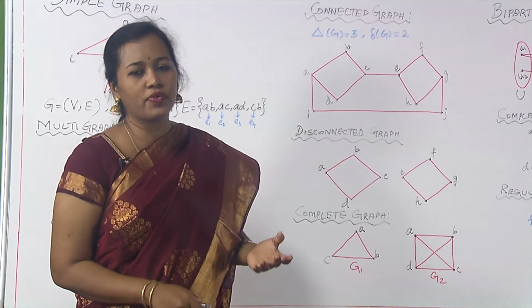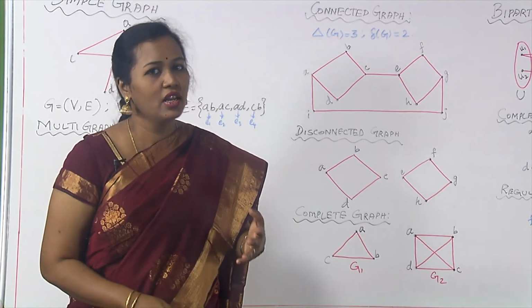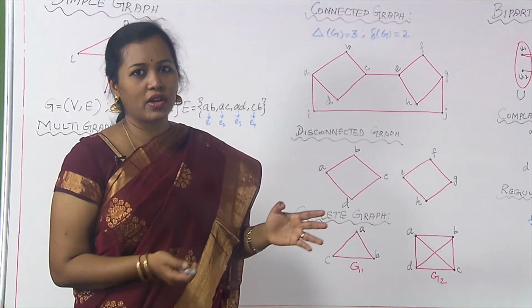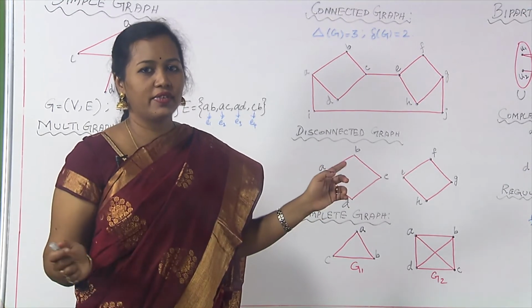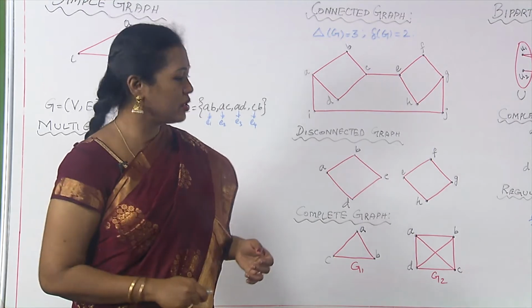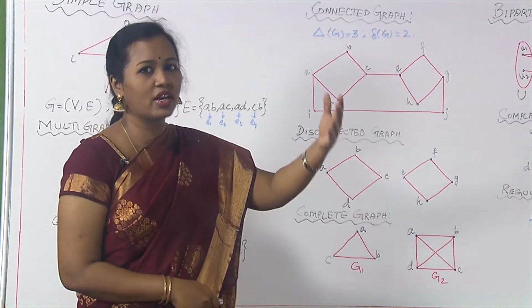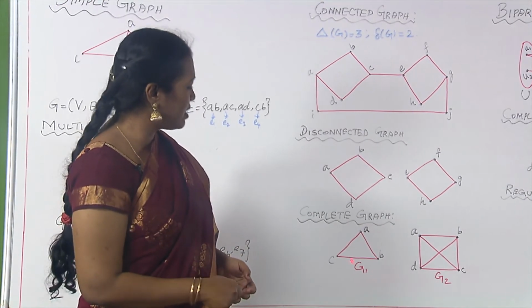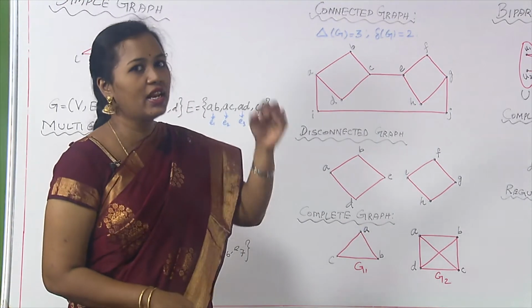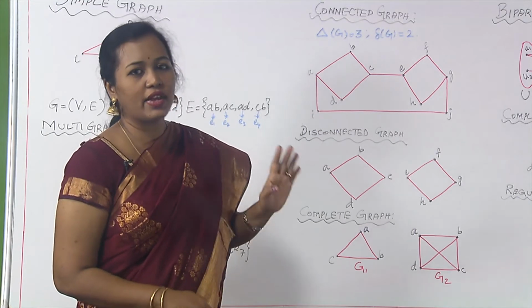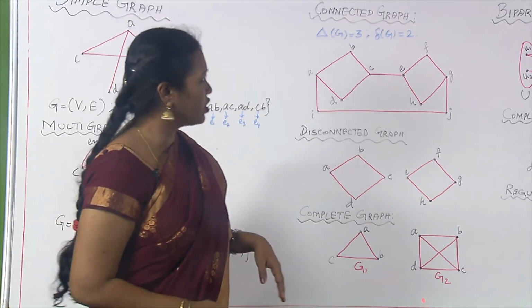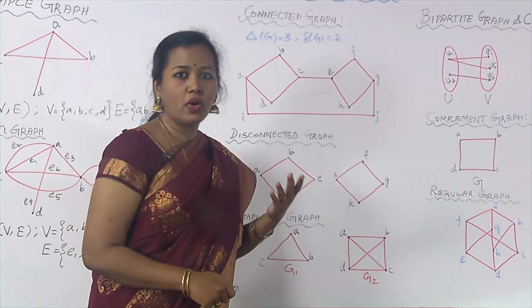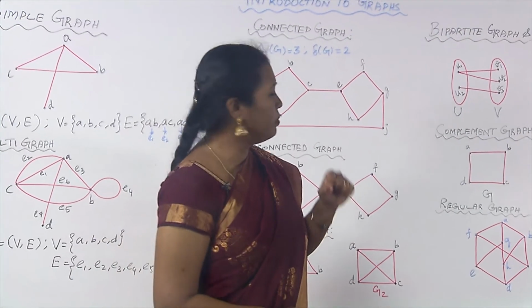If I give you 5 vertices, you might arrive at a pentagonal structure with all the vertices connected to each other. So, we can keep on constructing with a bigger number of vertices. This is a basic example. A complete graph is one in which every vertex is connected to every other vertex. That is the definition.